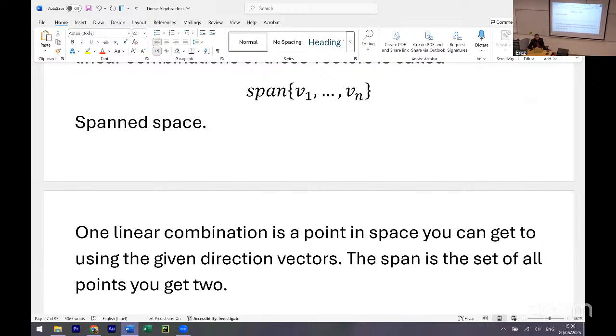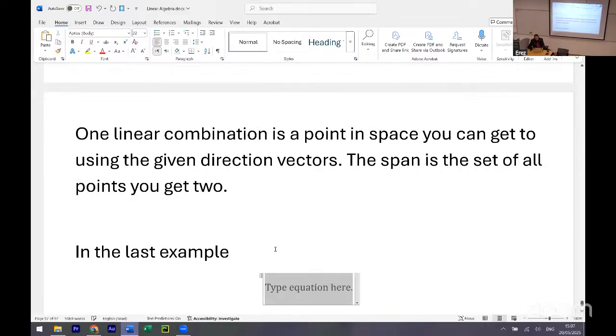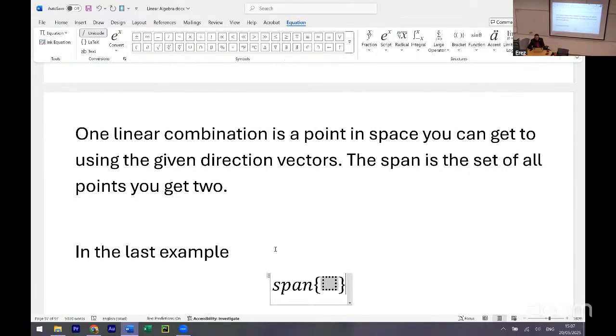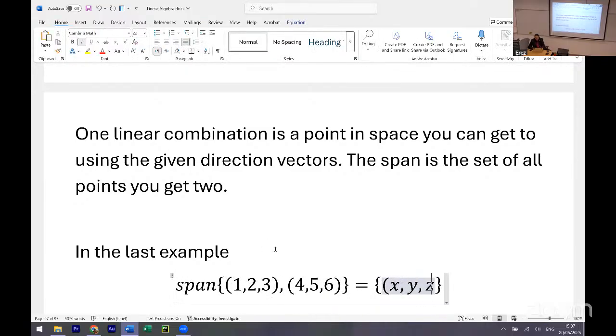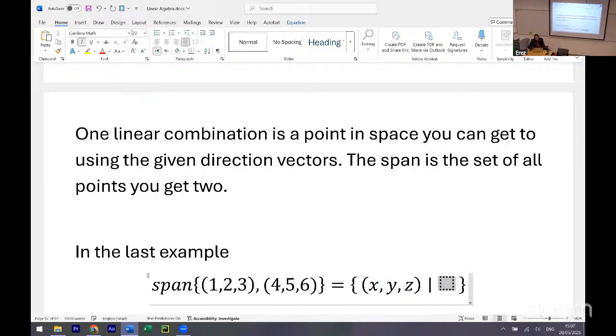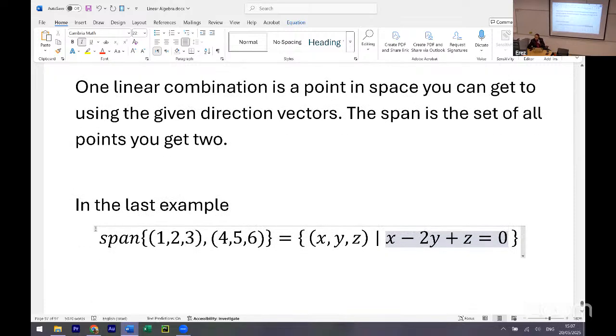Agreed? That's the idea of span. It's the set of all points you can get to. In the last example, the span of 1, 2, 3, 4, 5, 6, we've proved it to be the plane of all points x, y, z, such that x minus 2y plus z equals 0. Agreed? This is the set of all points we can get to, and we see that it's a plane.